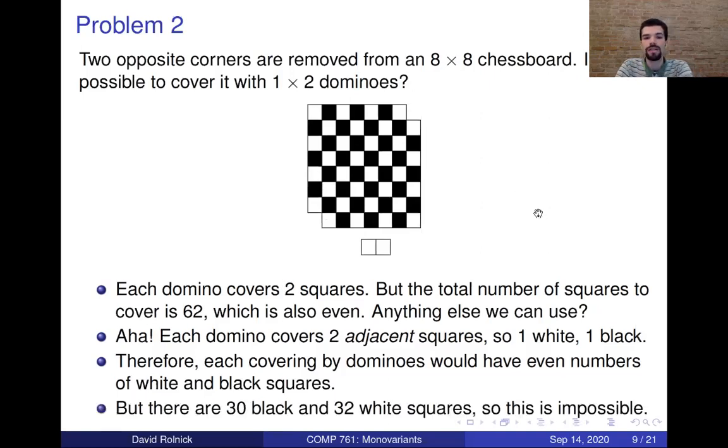Yeah, it's not good because there are 30 black and 32 white squares. So it's not going to be possible to have the same number of white and black squares covered by dominoes, which means that the dominoes are just never going to work.